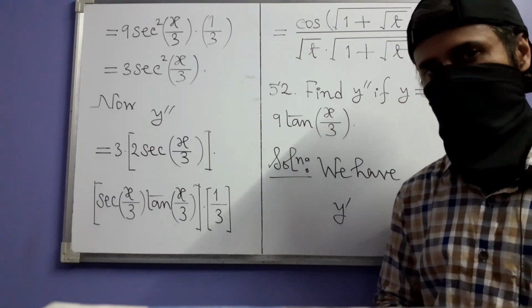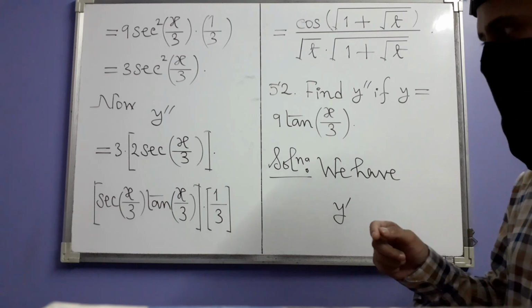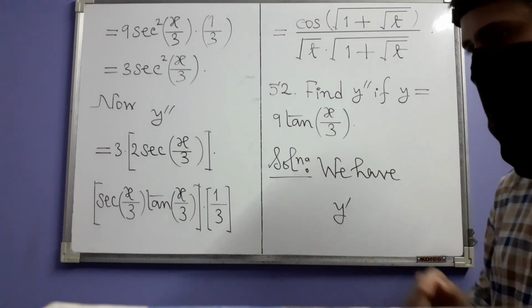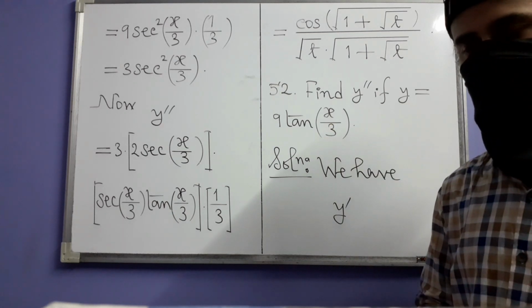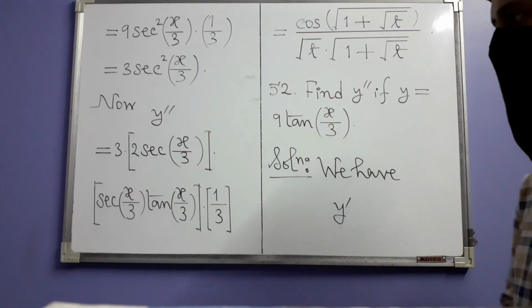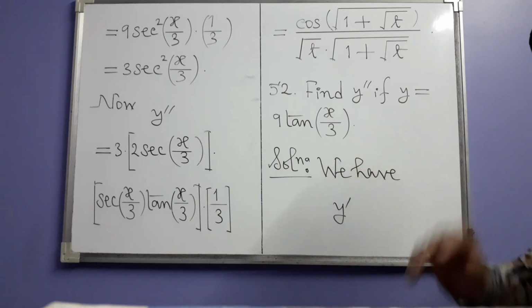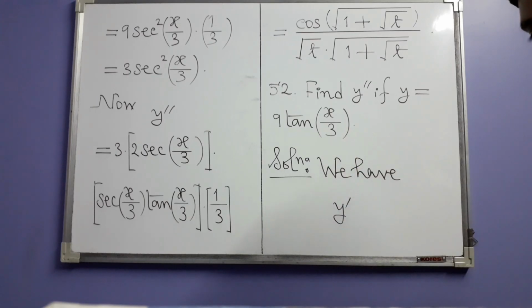Then only you should do it. But first you have to really, in a rather boring way, go through all the steps carefully. And as you gain experience, you yourself will start skipping things. So that is the second derivative of this function with respect to x, of course.